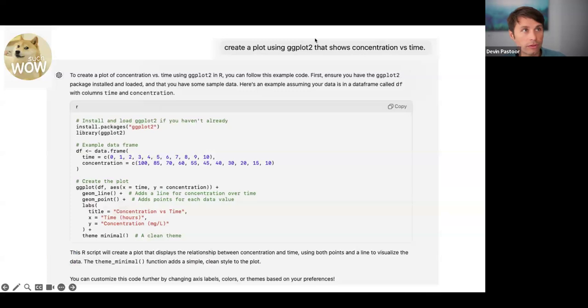In this case, for example, we can ask, create a plot for concentration time with ggplot2, and we're going to get a response that is well formulated, includes formatted code, some sample data, and even an explanation. And this is quite amazing to virtually anyone that tries this.